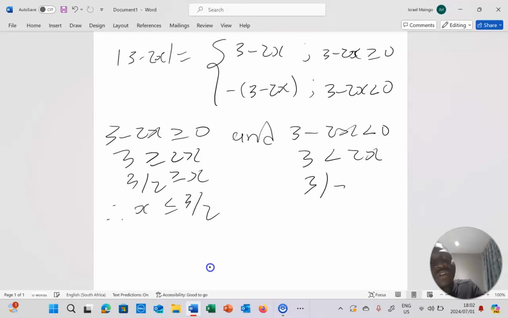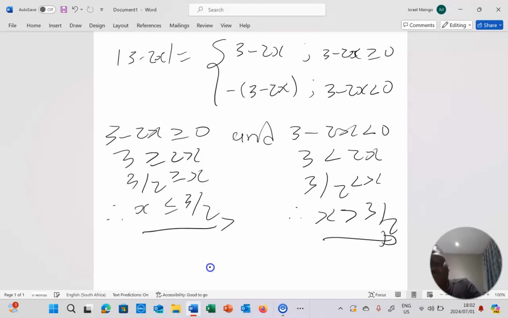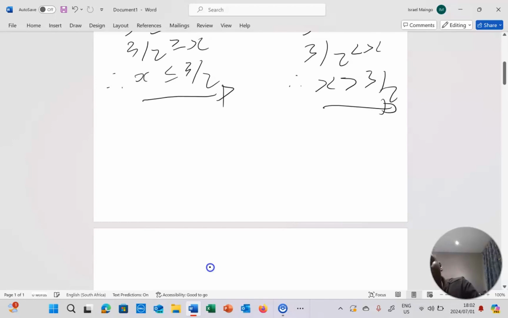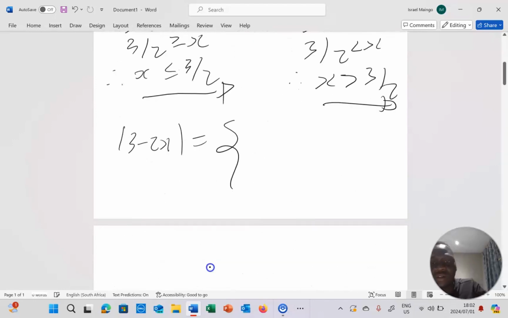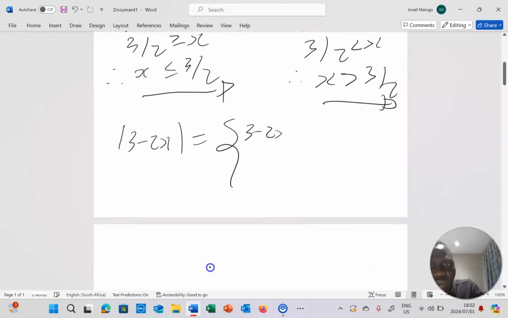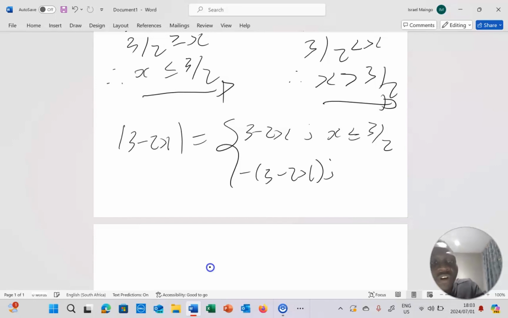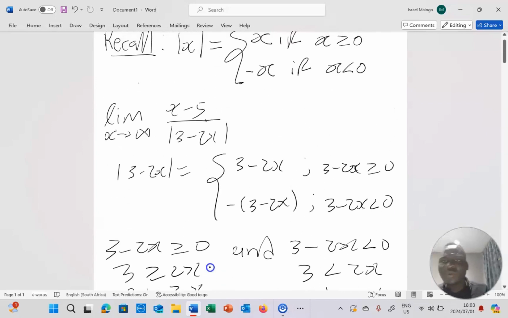If we divide by 2, 3 over 2 is less than x, therefore x is greater than 3 over 2. So similarly, we can write the absolute value of 3 minus 2x as 3 minus 2x if x is less or equal to 3 over 2, and negative (3 minus 2x) if x is greater than 3 over 2.